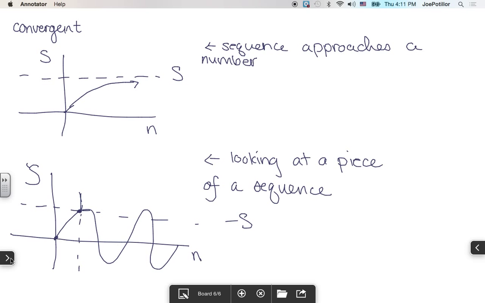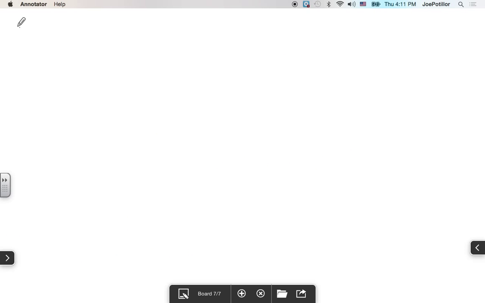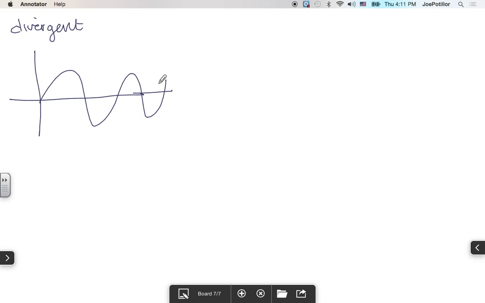If the sum is divergent, we have the following. I can't draw, so you'll have to bear with that. This is your sum, and this is your n.